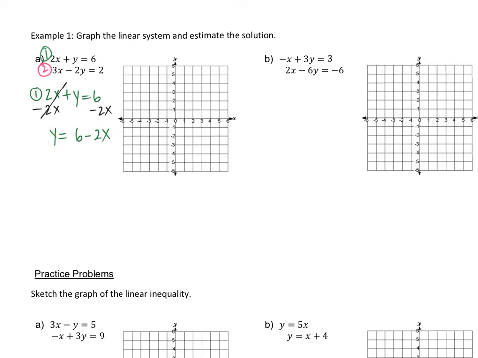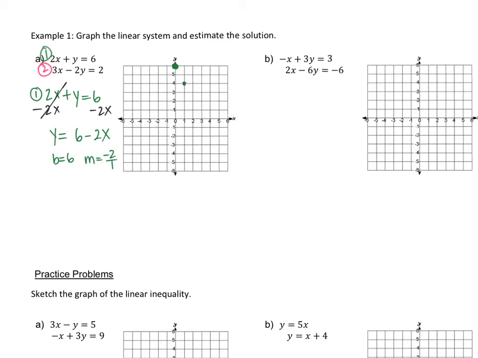And now y is by itself, and I also want you to notice I have the y-intercept now, and I have the slope. My y-intercept is b, which is 6, and my slope here is negative 2 over 1. So if I were to graph this, I need to start at 6, which is all the way up here, and then with my slope, I have to go down 2 over 1.